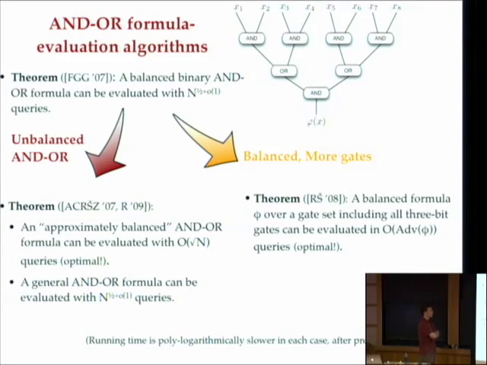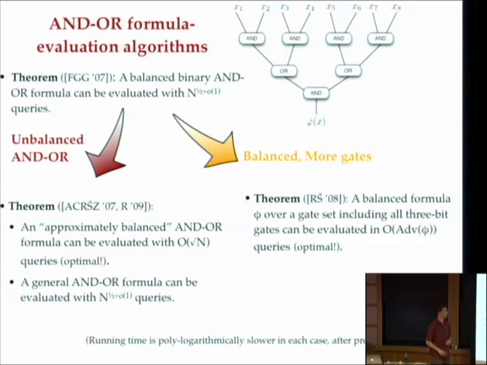And this was generalized in two directions. First, in Ambainis, Childs, Reichardt, Špalek, and Zhang, we considered loosening the balance condition. If we loosened it only slightly to make it approximately balanced, then we were able to get a square root of n query algorithm. For an arbitrary formula, we were able to get back to square root of n times a little bit more.